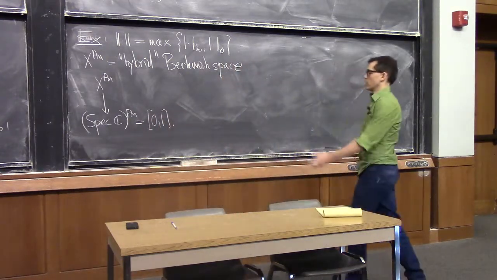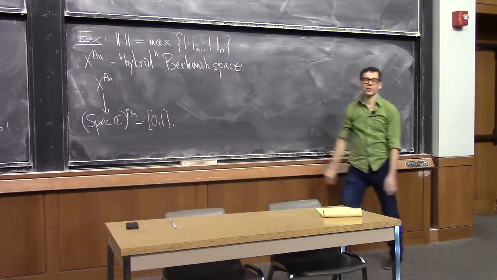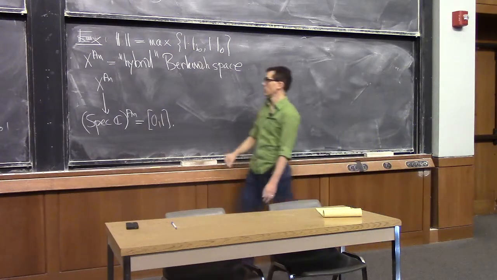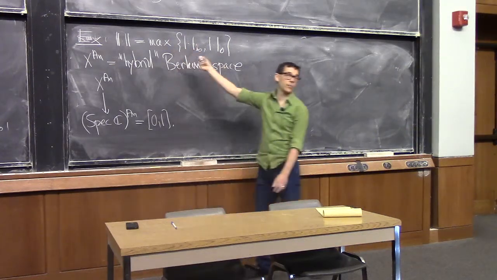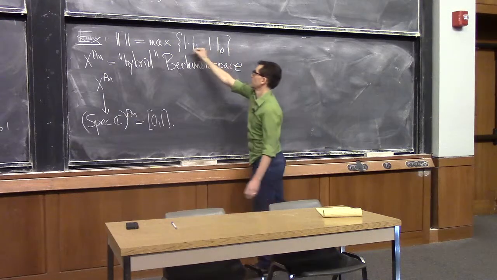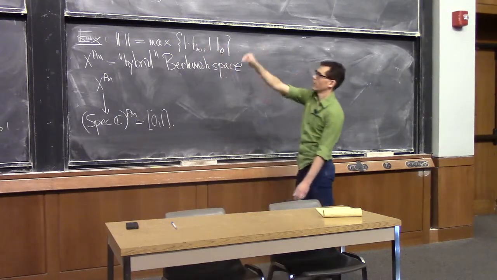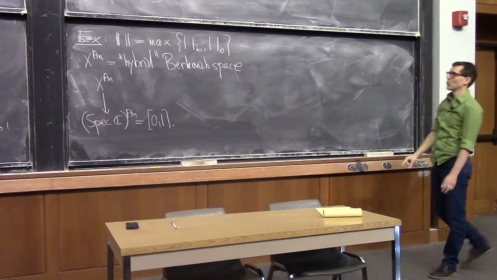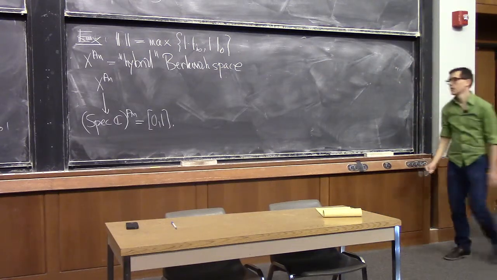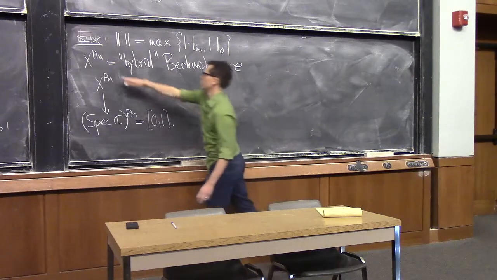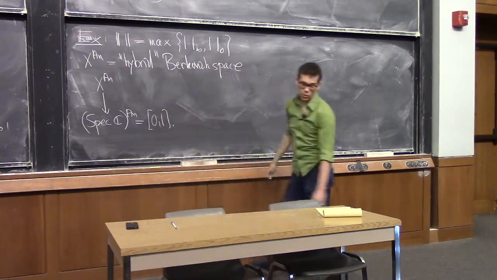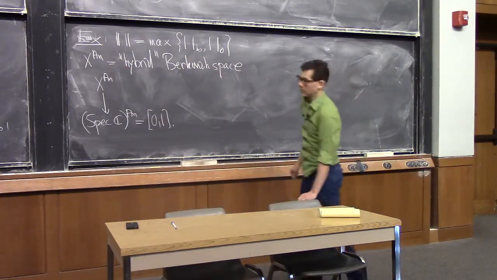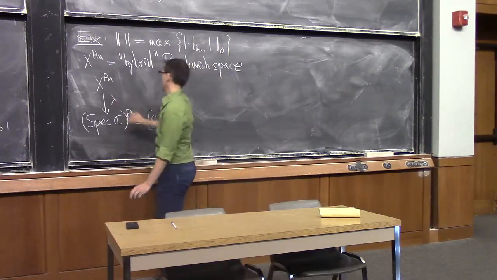Because what happens if I look at what are the possible bounded multiplicative seminorms on the complex numbers that are bounded by this guy? Well, it turns out that it's going to be of the previous types. It's going to be the Archimedean norm to the power rho for rho between 0 and 1. So you have a space here that maps to [0, 1] like that. Okay?